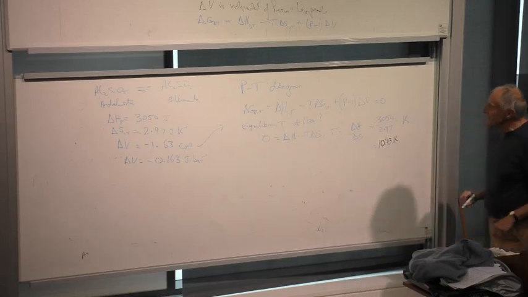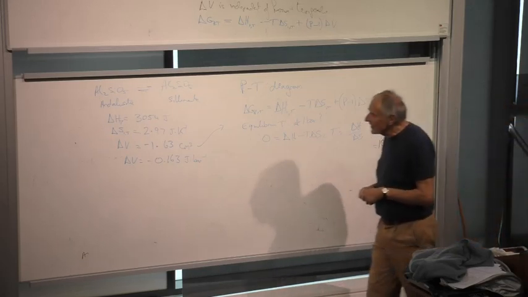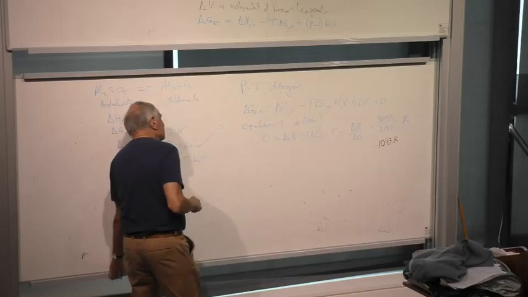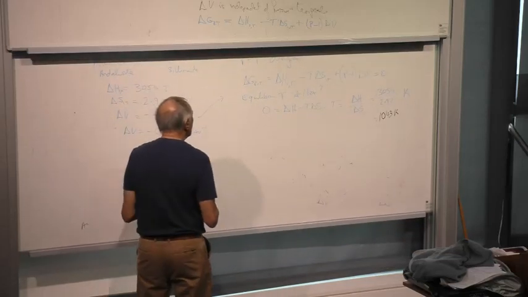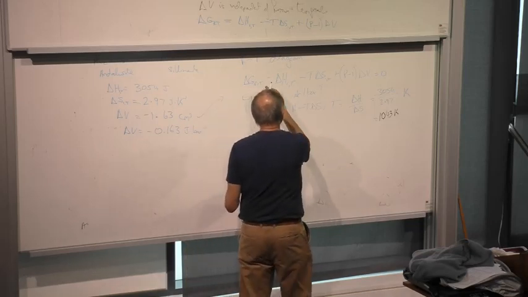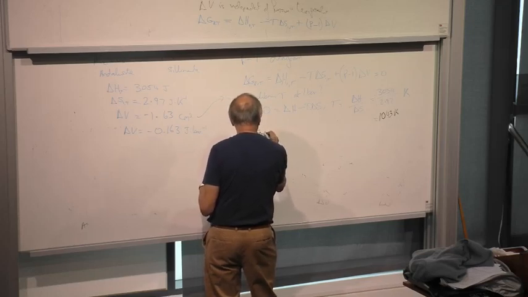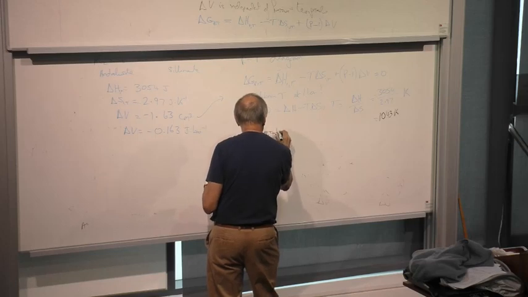Now it's a straight line, so we could simply calculate it at some higher pressure and just draw a straight line. But there's a slightly more sophisticated way of doing that. We can calculate dT/dP, the slope. This is delta G at P and T, and we can calculate delta G at P plus dP, T plus dT.